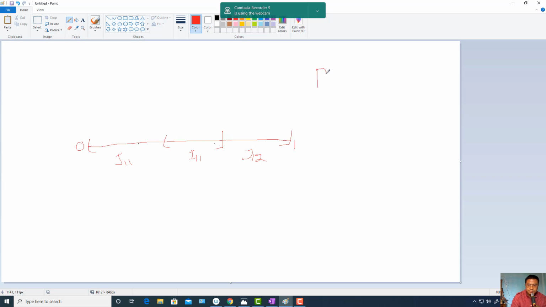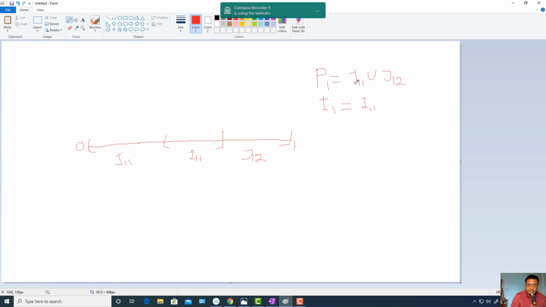Then we call P1. P1 means the first step. P1 is equal to J11 union J12, and I1 is equal to I11.